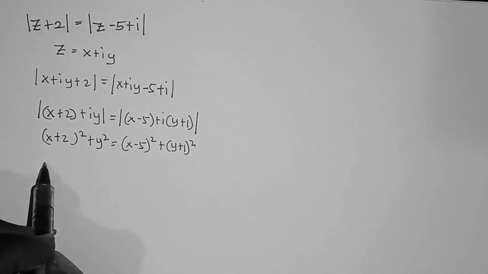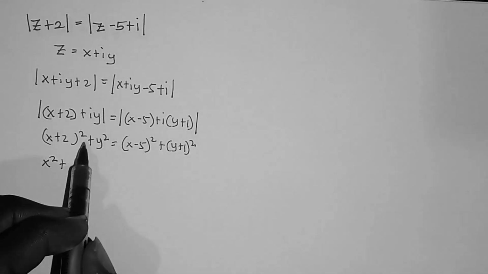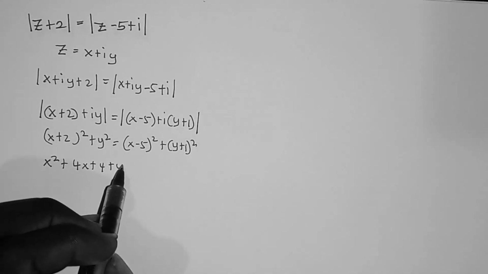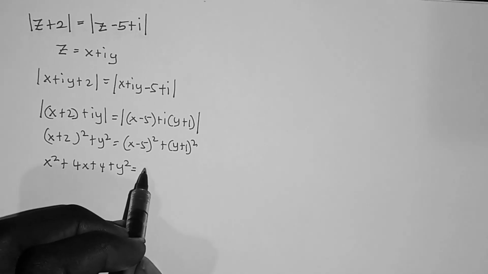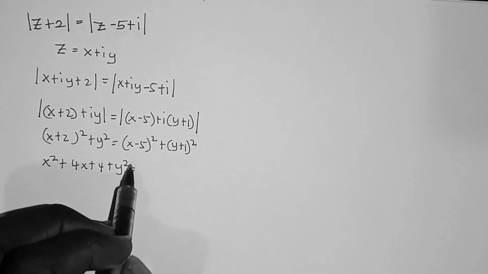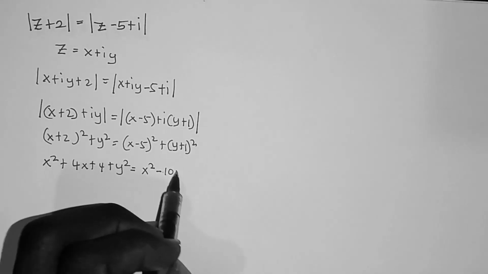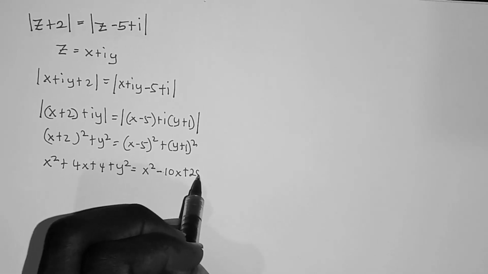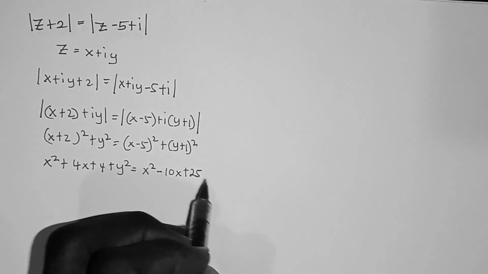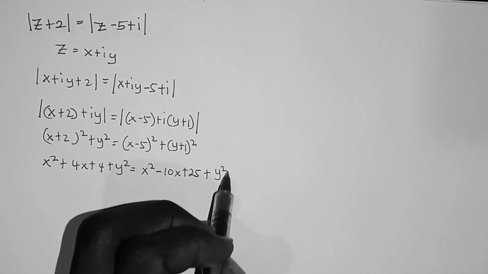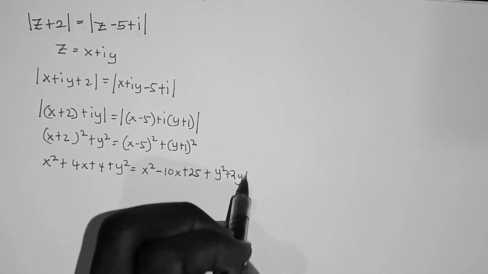So if you square this, it becomes x squared plus 4x plus 4 plus y squared equals, if you square (x minus 5) squared, it becomes x squared minus 10x plus 25. Then if you expand this, it becomes plus y squared plus 2y plus 1.